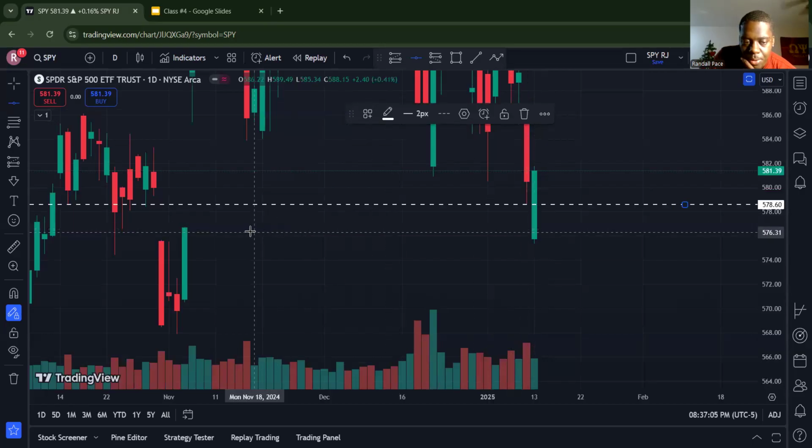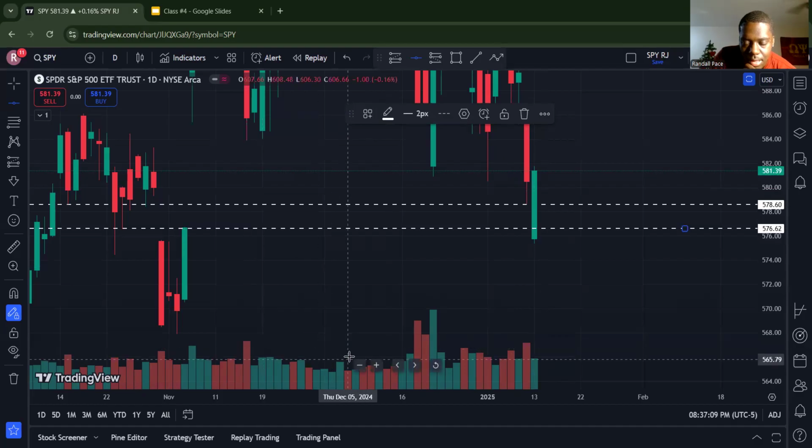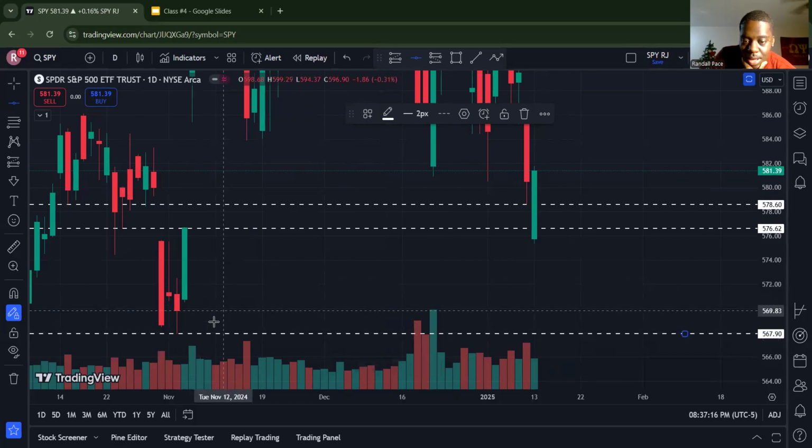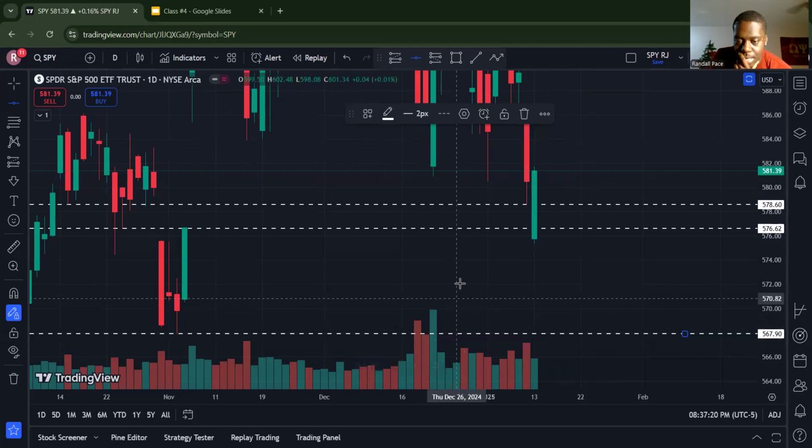We had a gap fill right here. And we know we have a low that we can possibly get down to down here. Probably not gonna happen in a day, but that's a scenario.